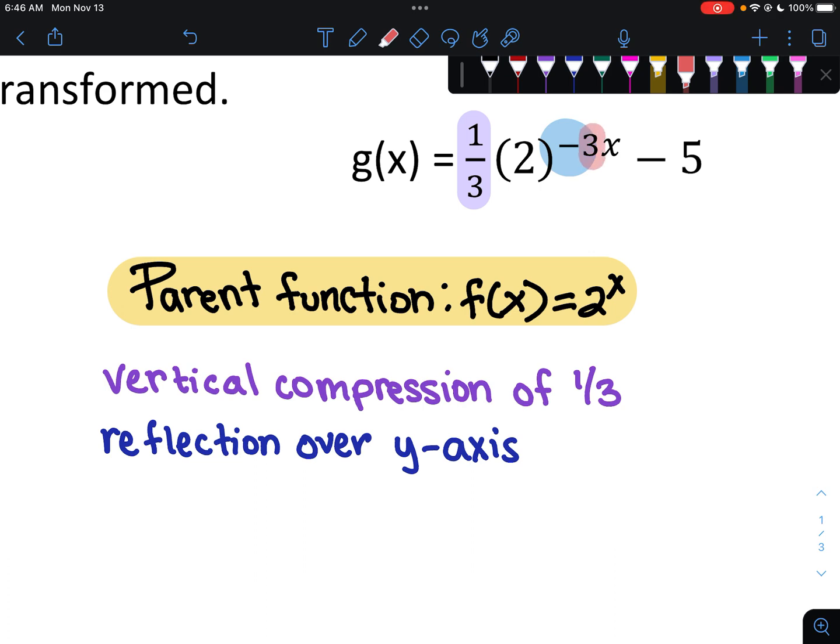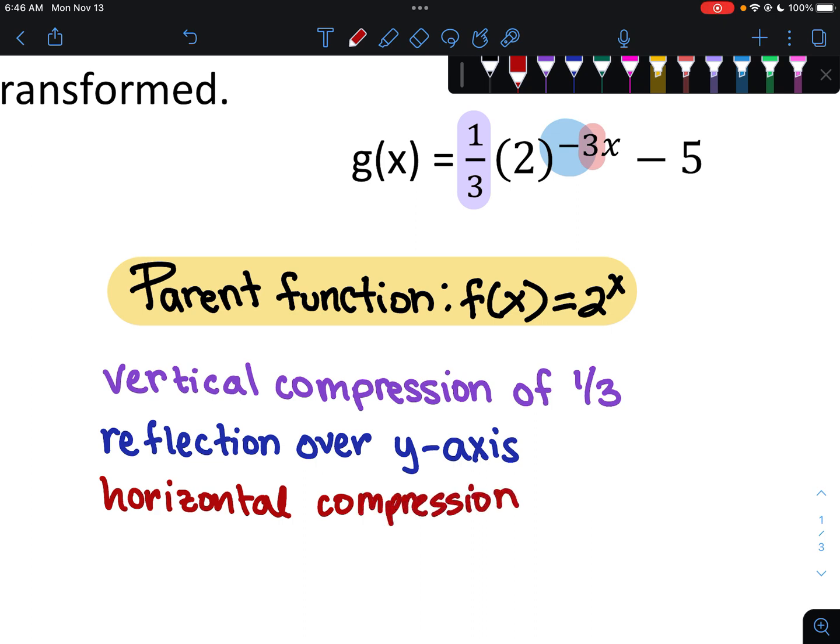The 3 is causing a horizontal compression of 1/3, and the 5 is causing it to be moved down 5 units. So that would be all the transformations there.